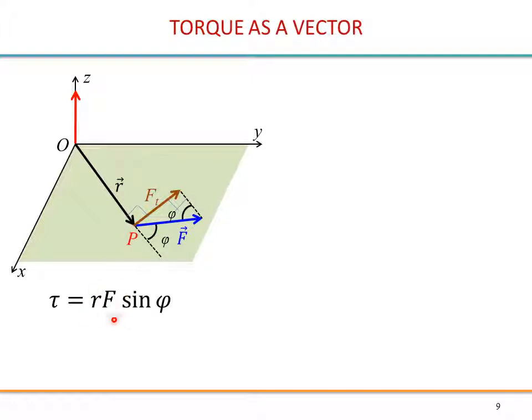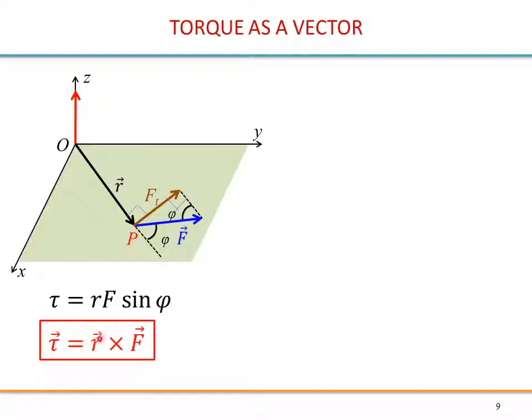So rF is in fact the magnitude of vector r multiplied by the magnitude of vector F, and then we just have sine phi. So there is something in mathematics that will give you this, and it is the cross product of r with F.